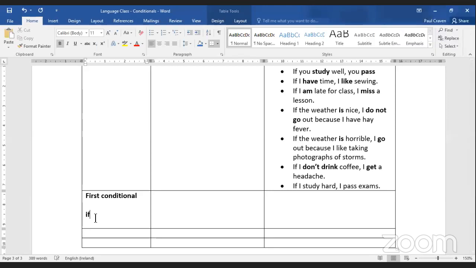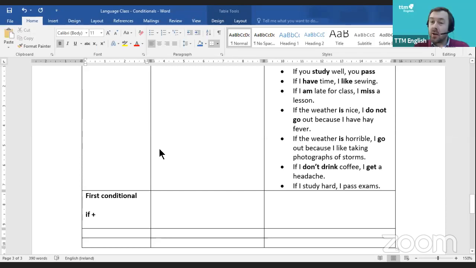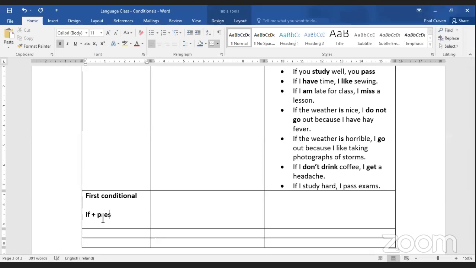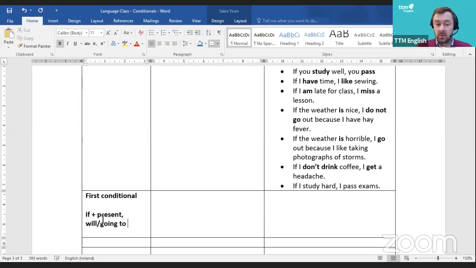If it stops raining. If plus present. Remember what we said, Anna? No will with if. If plus present. If it's cloudy. And then we've got will or going to plus the infinitive.